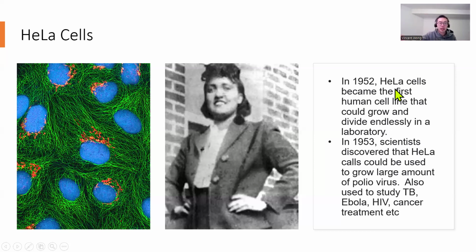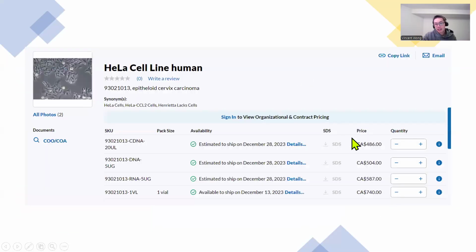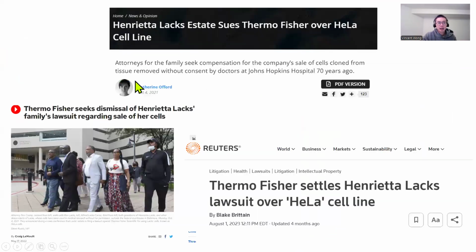And the company started to sell these cell lines to people for research. As I showed you, they are quite expensive, so they make quite a bit of profit from selling the HeLa cells. But eventually Henrietta died, and her estate and her family sued the company, Thermo Fisher, that was selling her cell line.